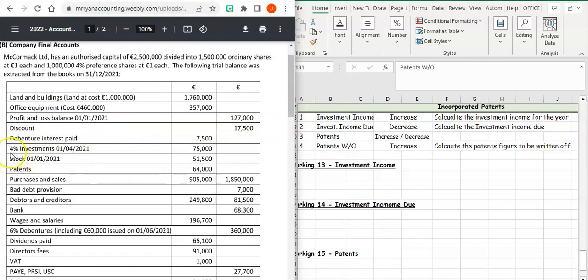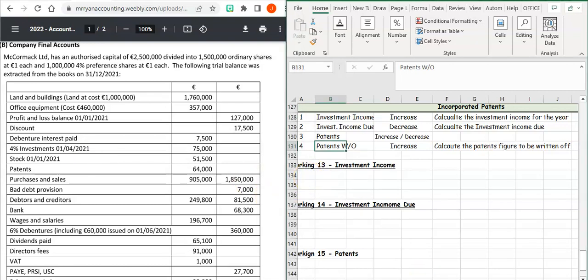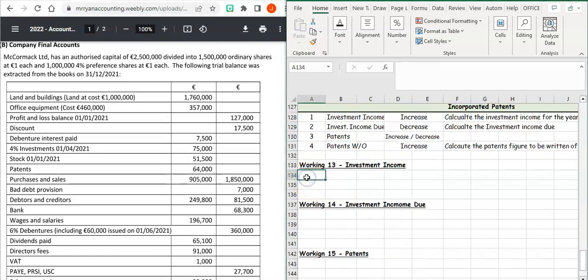So we've got 4% investments at 75,000. That was bought on the 1st of the 4th. So you've got the 4th, 5th, 6th, 7th, 8th, 9, 10, 11, 12. So you've got 9 months. So you're going to put 75,000, multiply that by 4%, and then multiply that by 9/12, because you only have the investment for 9 months and not a full year.